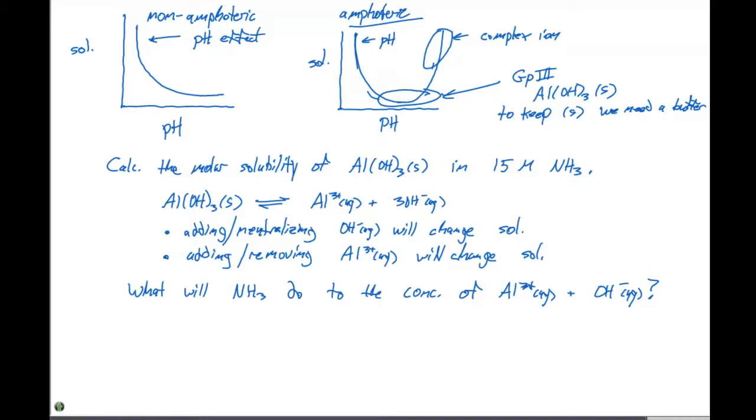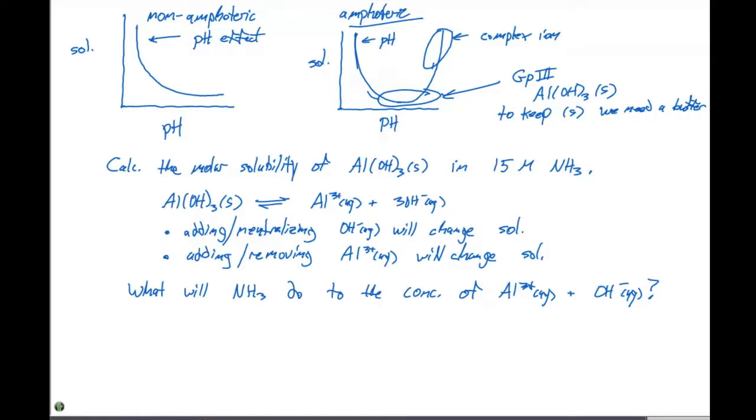We ultimately have to always keep this in the back of our mind, not just for this particular problem, but for any type of problem where we're trying to perform a solubility calculation. What happens to these concentrations when I add a particular reagent?